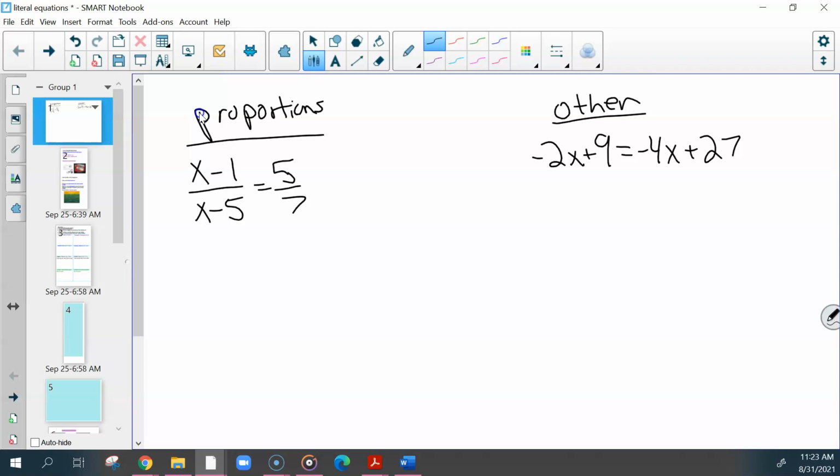For this one, if I have two fractions that are set equal to one another, what is the first thing I need to do? Start solving it. Anytime we have fractions set equal to one another, how do we start solving it?